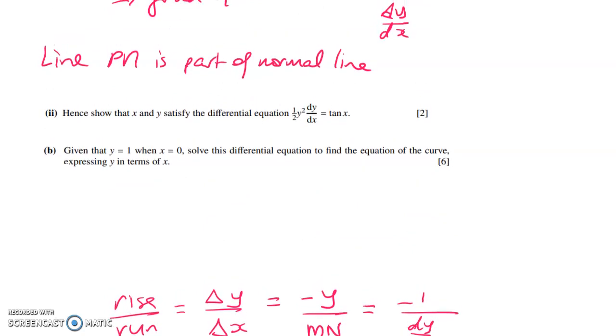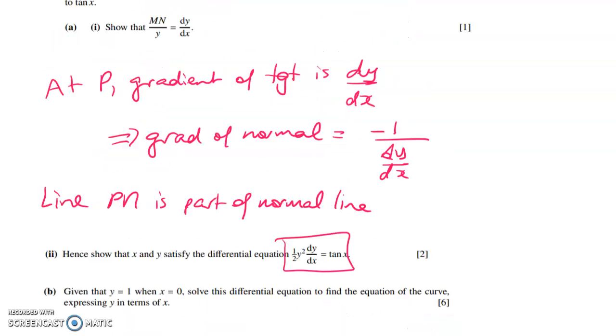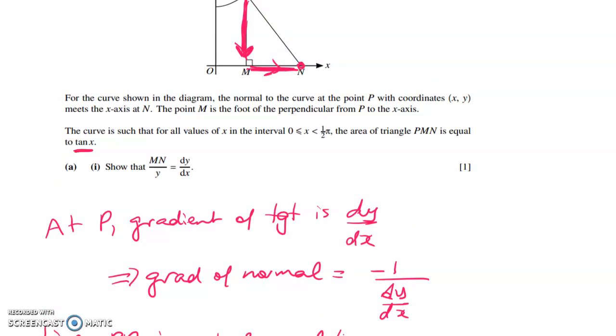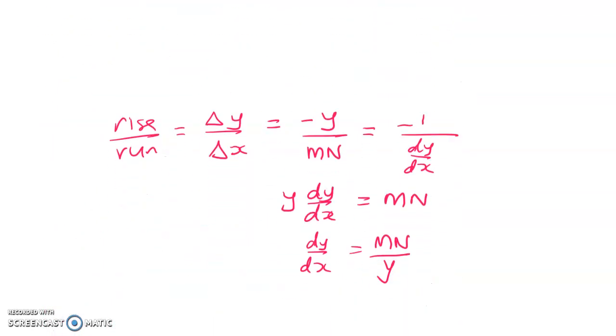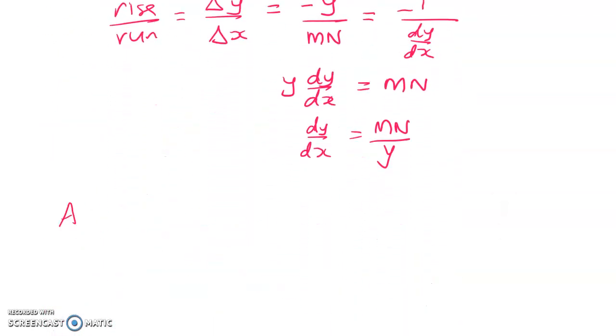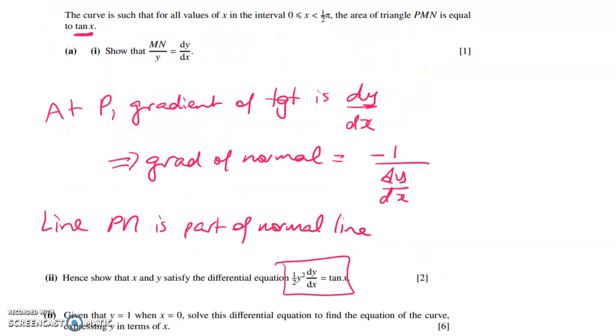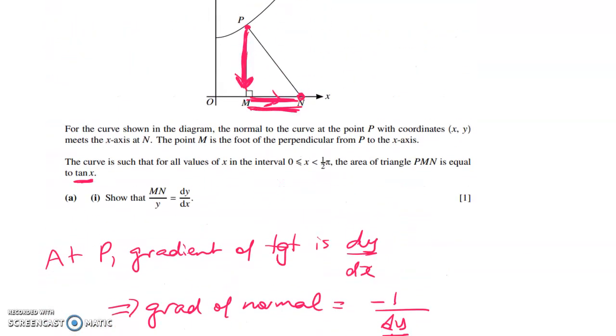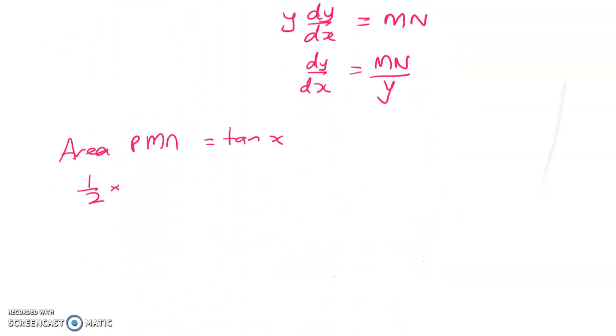So now we've got to show that x and y satisfy this differential equation. And this is where I'm going to use the fact that the area of that triangle is always equal to tan x. So area PMN is equal to tan x. So half times the base. Where's the base? Right, so the base is MN and the height is PM, but we know that that's y.